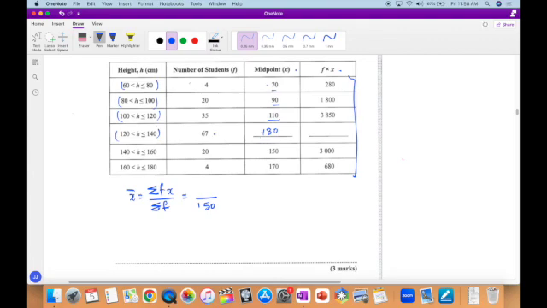And then 130 multiplied by 67 will give us about 8,710. Now we could add up all of these together.